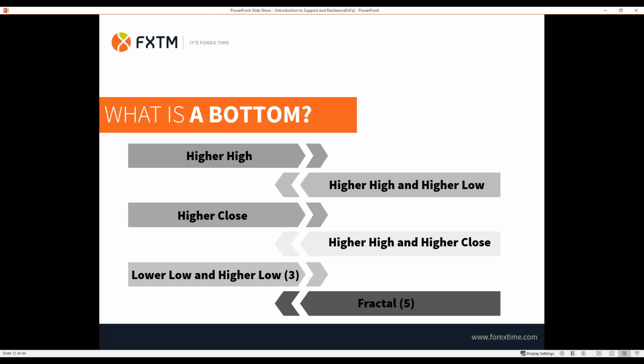Another question from our friend Hani: are there more reliable definitions for tops and bottoms? So the answer is yes. And the more complex the definition, the more reliable it is.